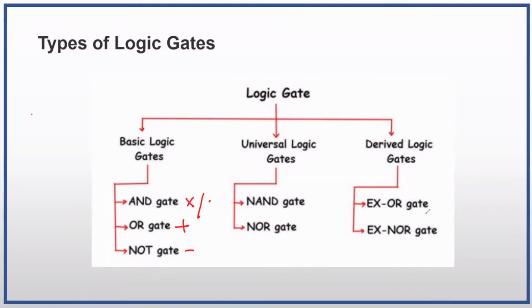They have no single arithmetic operation, but are combinations of many operations. Those are the XOR gate and XNOR gate.